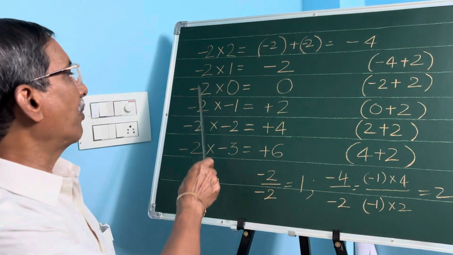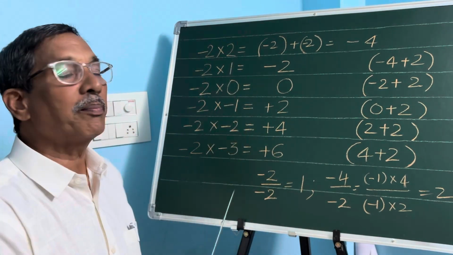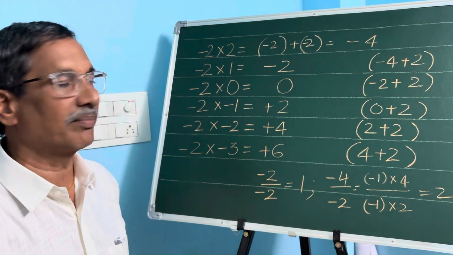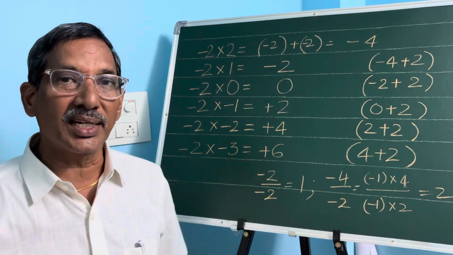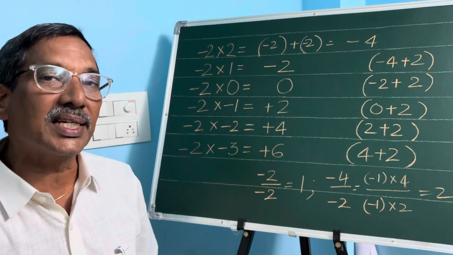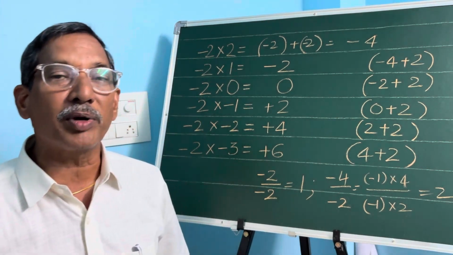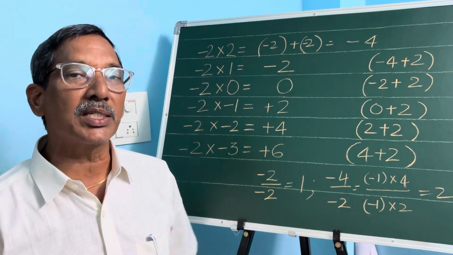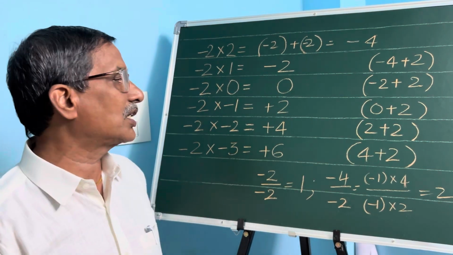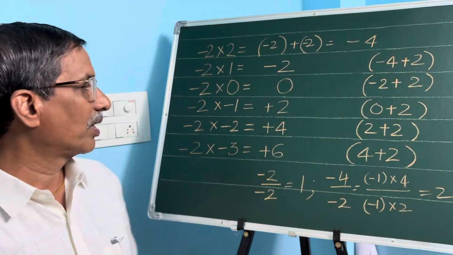Coming to the next one, minus 2 into 0. We are decreasing the multiplier by 1 here, not increasing as we generally do in our multiplication table. According to the zero property of multiplication, when any number is multiplied by 0, the product is 0. So minus 2 into 0 is 0.